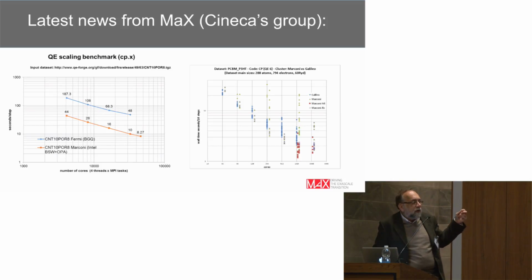Our program is used by the Department of Energy in the United States, and by Intel, in order to test the performance of the new design CPUs, okay, and cores.